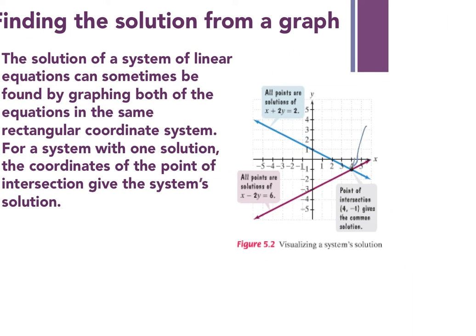So where they intersect would be the coordinate. So this one would be (4, -1) as your solution to the system. If you had a line and a parabola, you might have two solutions where they intersect, okay? If you had a line and a circle, it could be one solution or two solutions. It could be no solutions if they don't intersect, which we'll get to in a little bit.